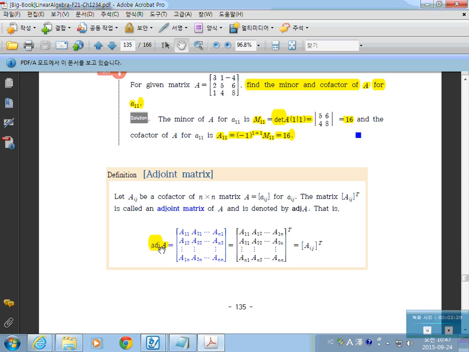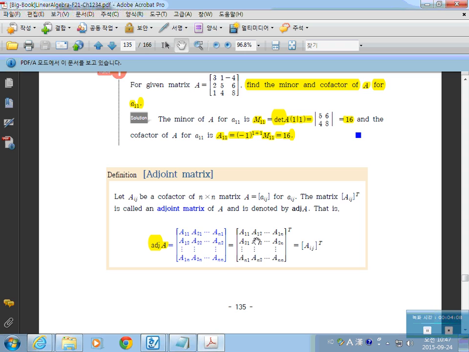So the adjoint of A is the transpose of a matrix which consists of the cofactors of the matrix A. So the cofactor of A for the 1,1 entry here, the cofactor for the 1,2 entry here, the cofactor for the 1,n entry here, which forms the first row of the matrix, and likewise for the others. Then take a transpose.